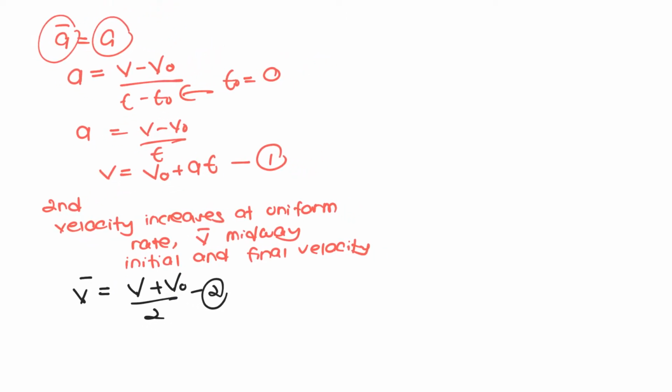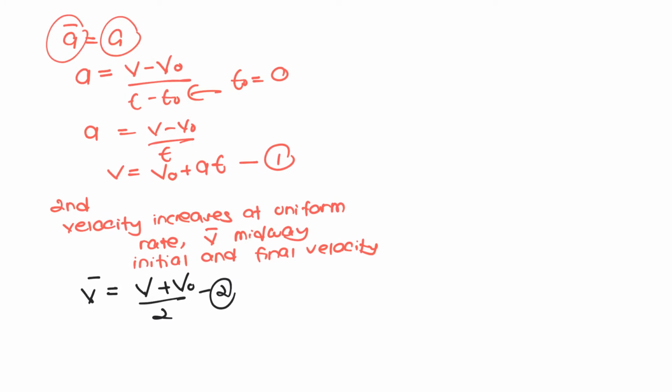Now we derive the third one. The derivation starts with the average velocity. This is another formula for the average velocity: since the velocity increases at a uniform rate, it is midway between initial and final. Another formula for the average velocity is v bar equals x final minus x initial divided by time, that is, the change of position, or displacement, over time.